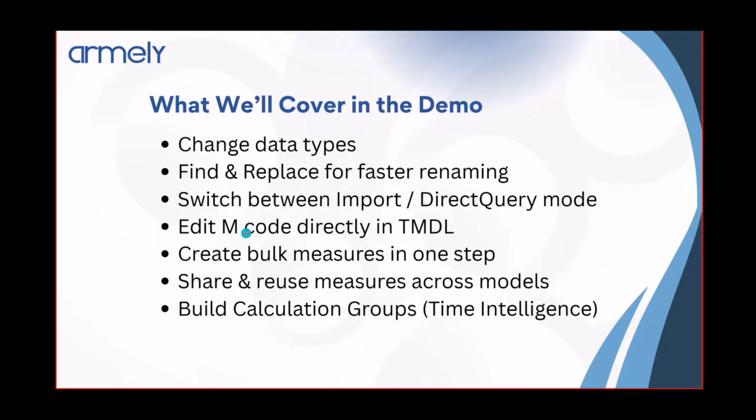So we are going to go to the demo, and these are the simple things we are going to cover. Number one, you can change your data types using the TMDL script, find and replace for faster naming, switch your model between import and DirectQuery, edit and call DirectQuery in TMDL, create bulk measures in just one step, share and reuse measures across multiple models, and also build calculation groups, which help us in time intelligence.